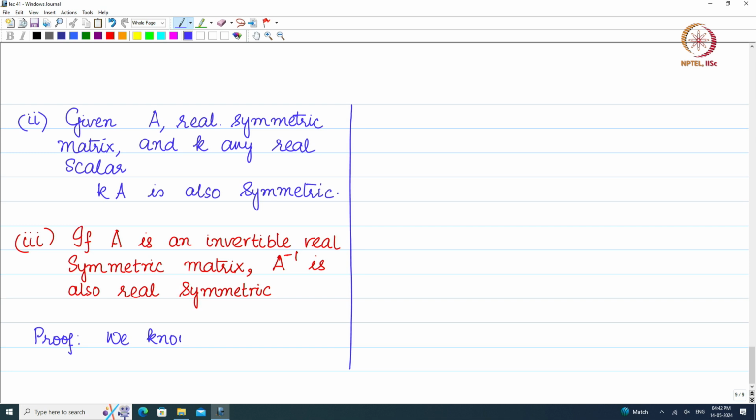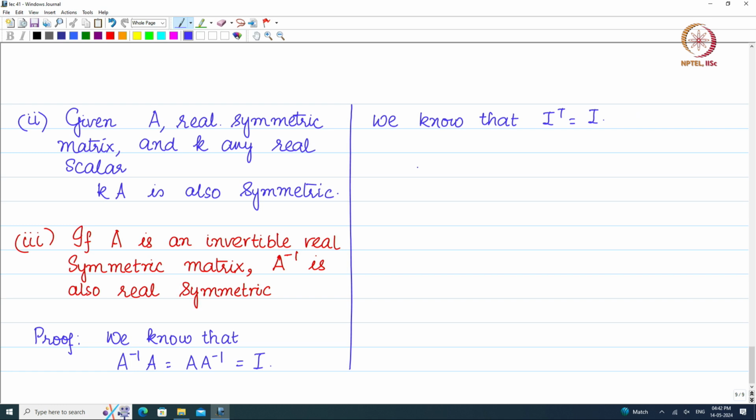We know that A inverse A is equal to identity matrix, and we know that the identity matrix is symmetric, that is, I transpose is equal to I, right.